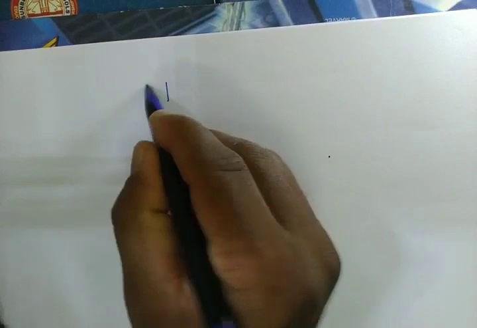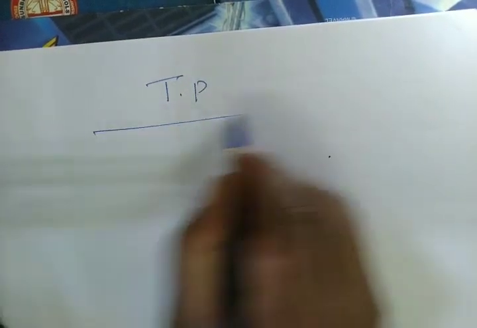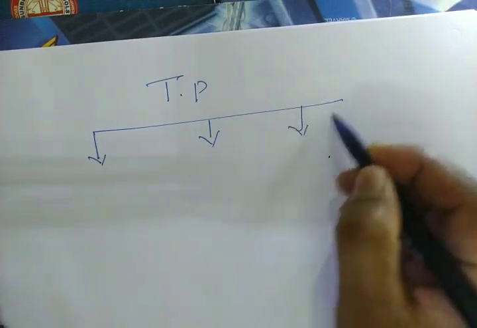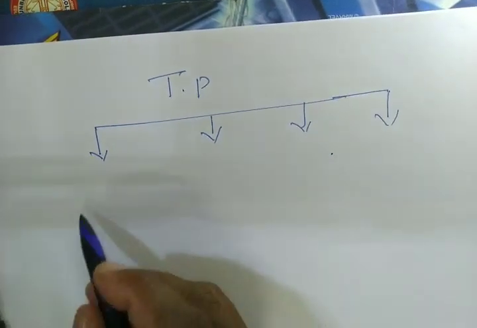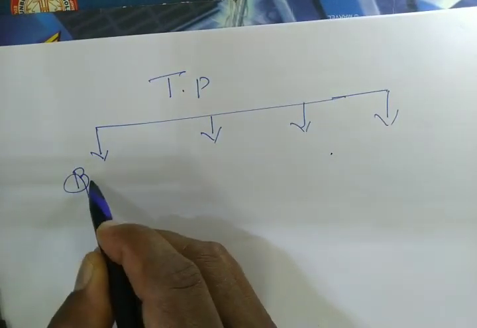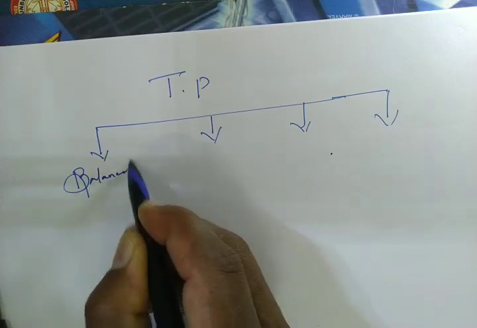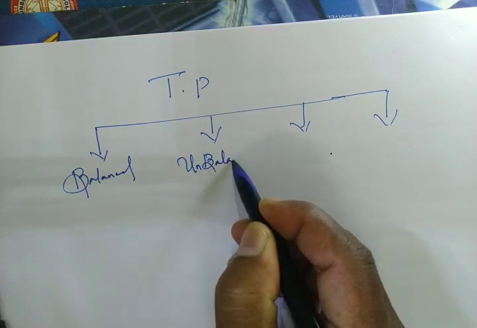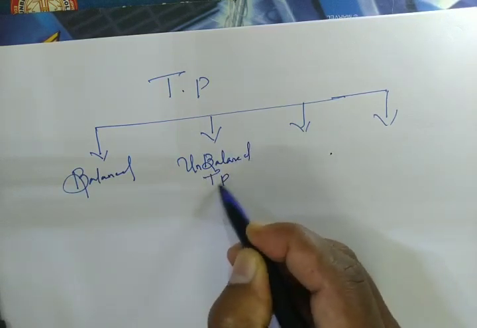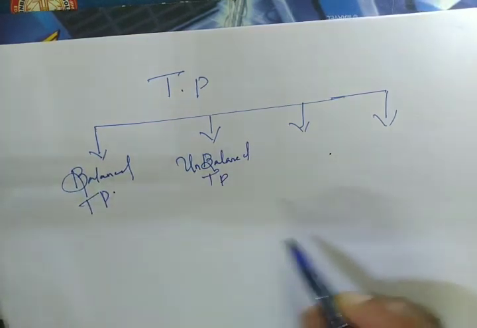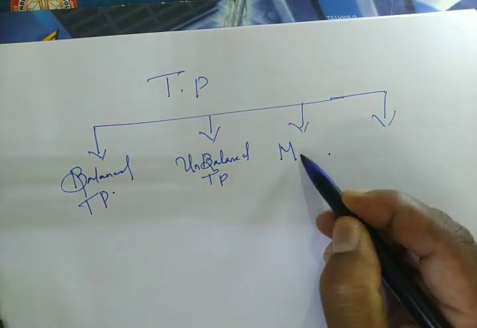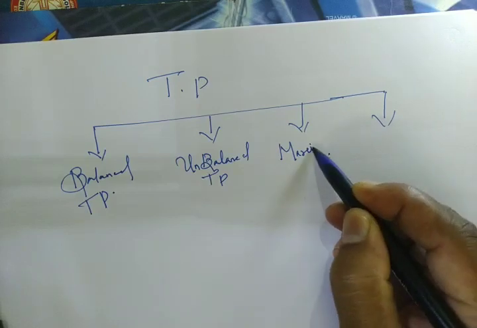The transportation problem, the TP, can be classified into 4 models. The first one is balanced transportation problem, and another one is unbalanced. Balanced TP, unbalanced TP, and the third one is maximization of TP, a special case.